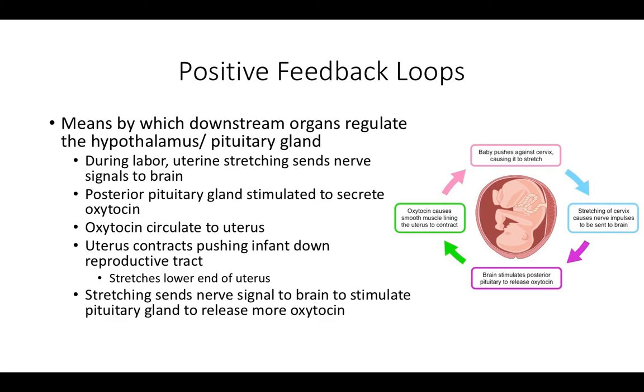Positive feedback loops are the same but opposite. So this is how our downstream organs regulate the hypothalamus and pituitary gland to get them to continue secretion. Okay, so the example that we already talked about was labor contractions. During labor, the uterus is going to stretch, and that stretching sends nerve signals up to the brain. As a result, once it gets to the brain, the posterior pituitary gland will secrete oxytocin.